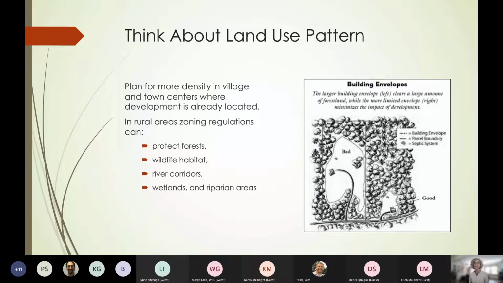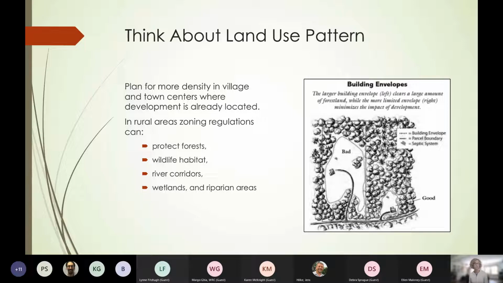Density, high density. I know it's something that we don't necessarily love as Vermonters, but if you do it in the right places, you can protect the wildlife and the ecosystems outside of the urban areas.